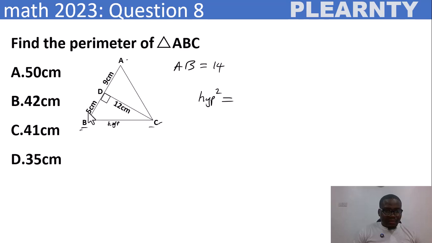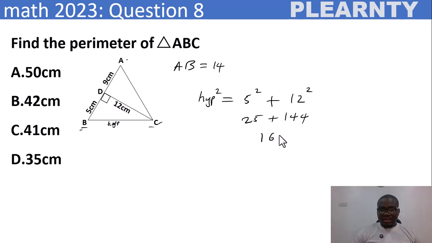So, you have 5, you have 12. So, this is 5 square plus 12 square. 5 square, that's 25. 12 square, that's 144. If you add this together, you have 169. So, hypotenuse square equals this.